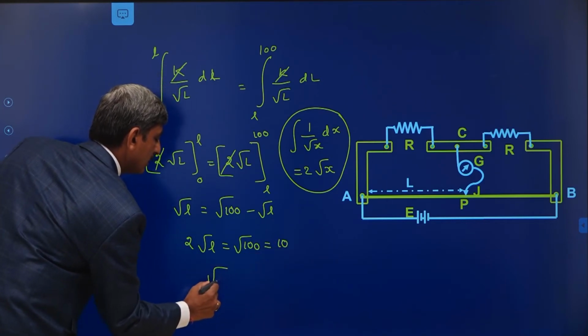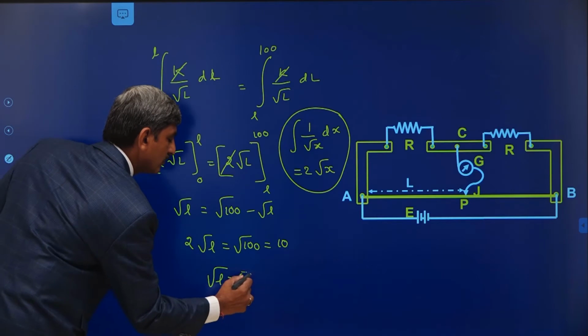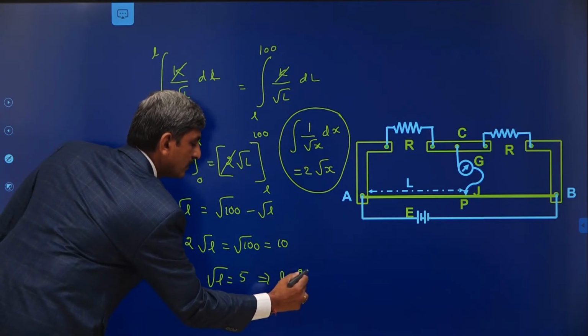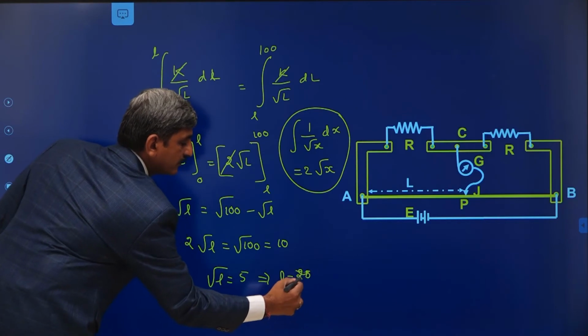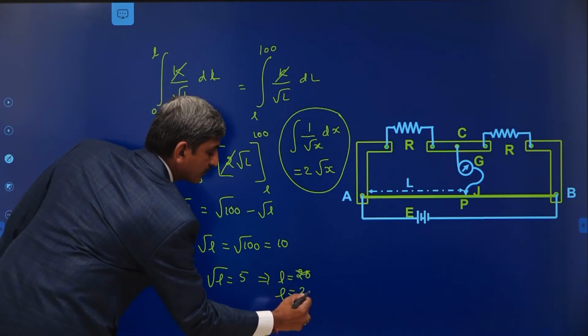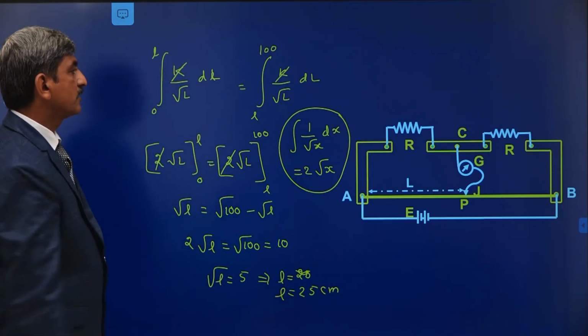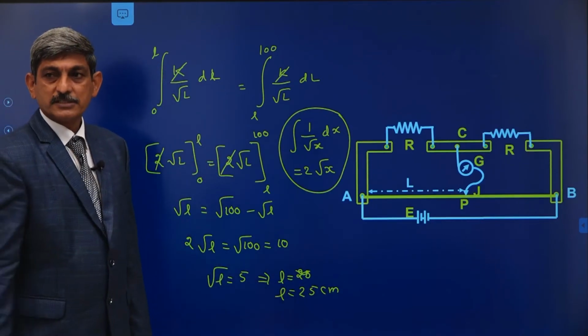From this, root L is equal to 5, it means the balancing length L is equal to 25 centimeters.